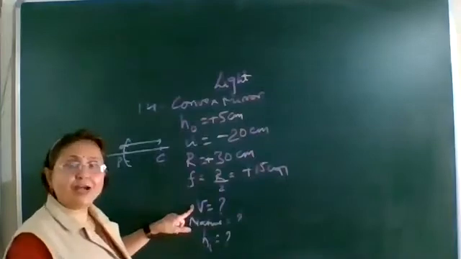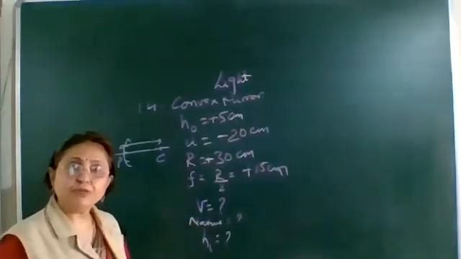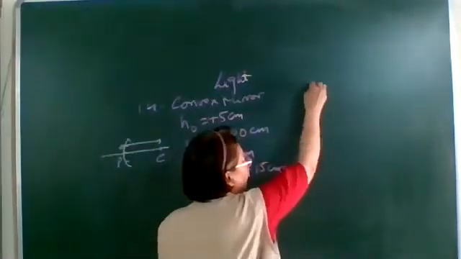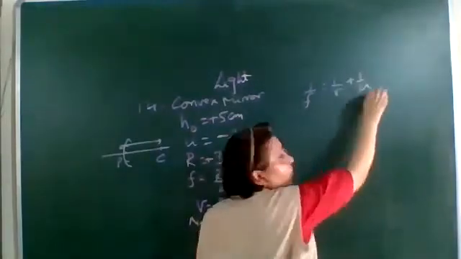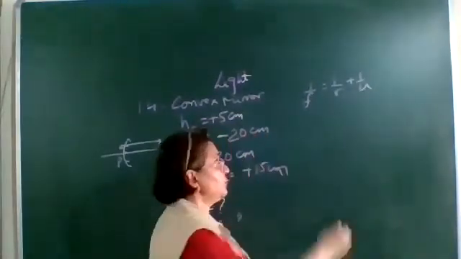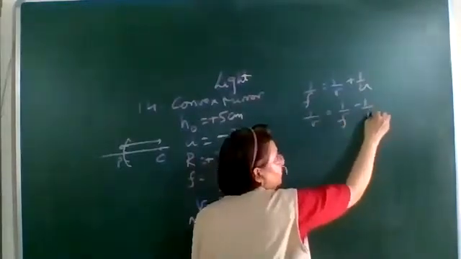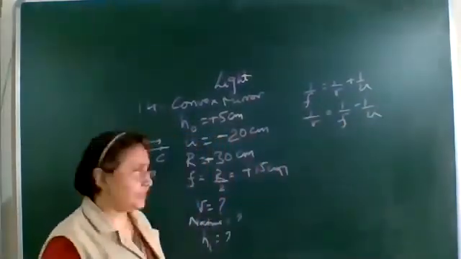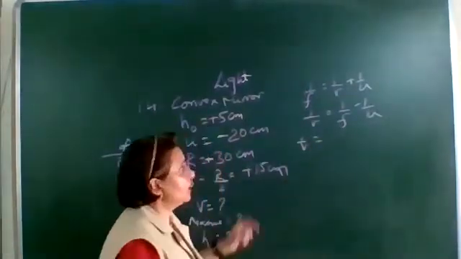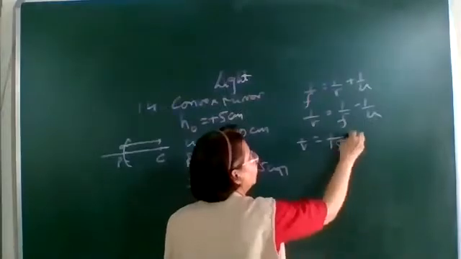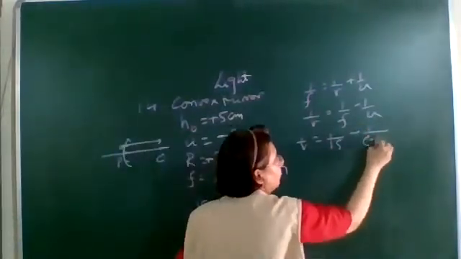In order to find out v, f is given, u is given. Which formula will you use? Mirror formula. And the mirror formula is 1 upon f is equal to 1 upon v plus 1 by u. So 1 upon v is equal to 1 upon f minus 1 by u. Now put the values. 1 by v will be equal to 1 upon 15 minus u, here u is minus 20.